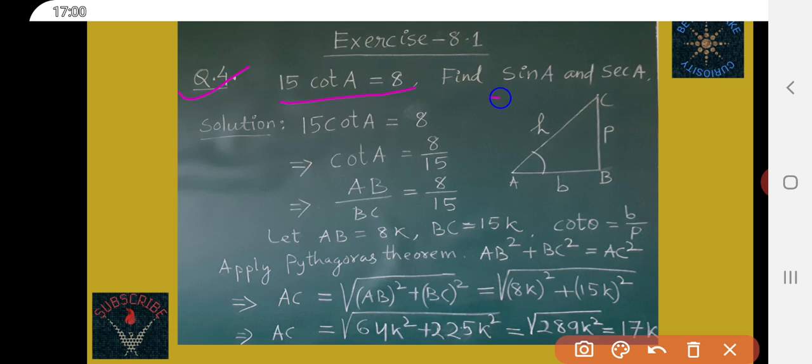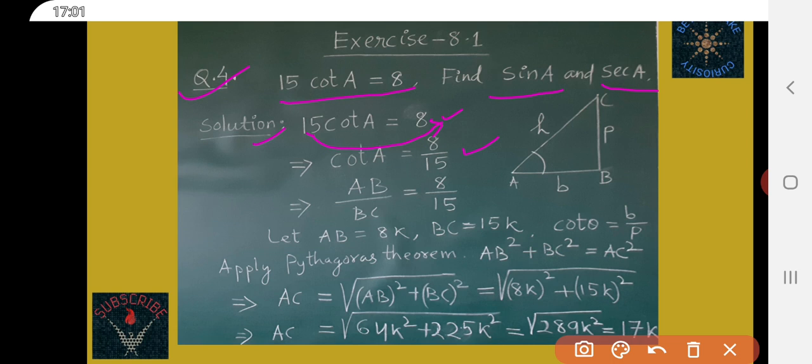We have to find the value of the trigonometric ratios of angle A, sin A and sec A. Now see the solution. 15 cot A is equal to 8. Cot A equal to, you can write, 8 by 15. 15 left to right you take, then cot A equal to 8 by 15.